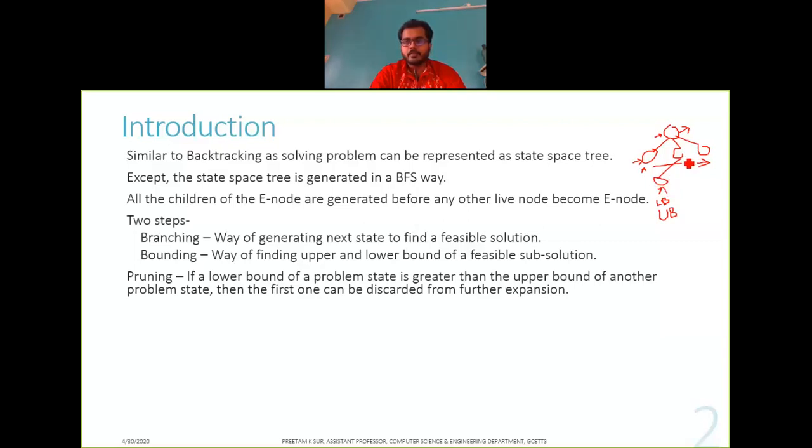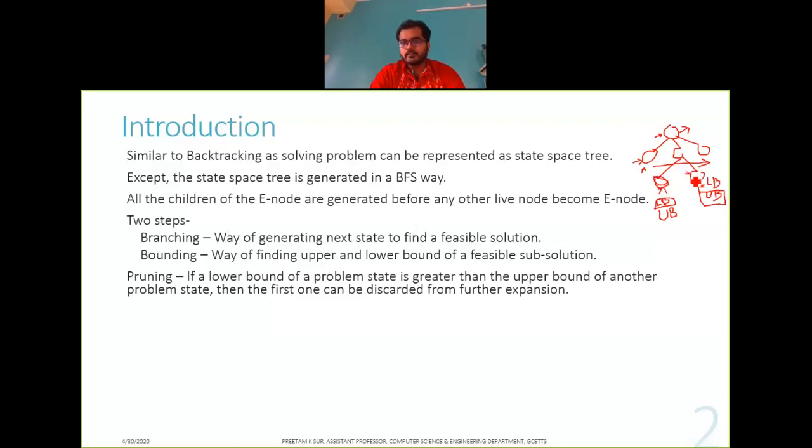Similarly, suppose for another node we also found some lower bound and upper bound of generating the solution. Now if we find that the lower bound of a problem state is greater than the upper bound of another problem state, suppose the lower bound of this state is greater than the upper bound of this state, obviously this will take much larger time than this one.